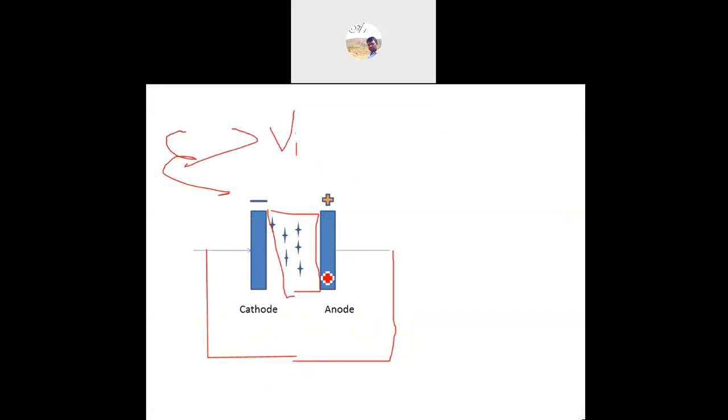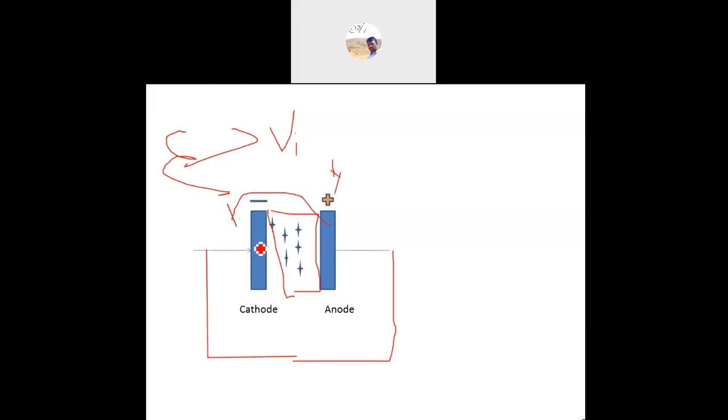Here we have the cathode and anode, and in between we have the gas, and we are providing a high voltage. The gas acts as an insulating or dielectric medium.